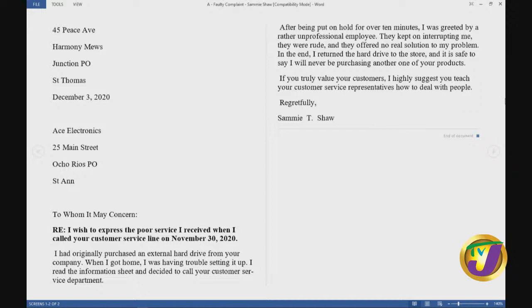Check out the address. Look at the body. Read the body carefully. Look at the close. Found your problems yet? You should. All right. So let's see if you got those problems correct.